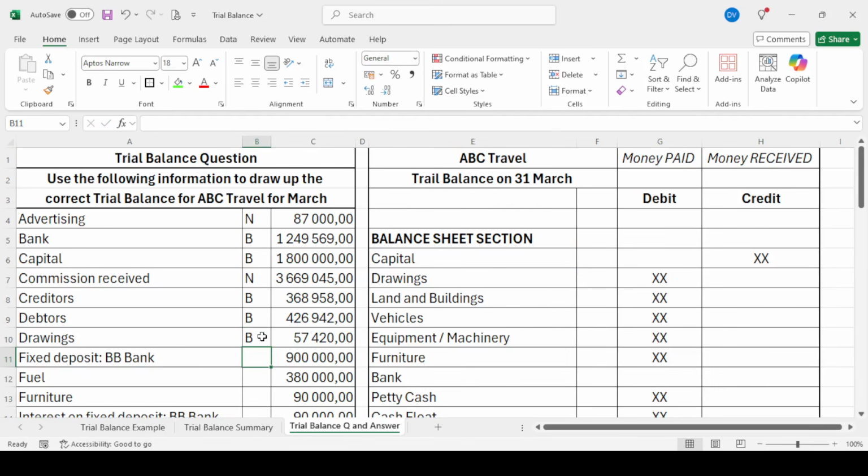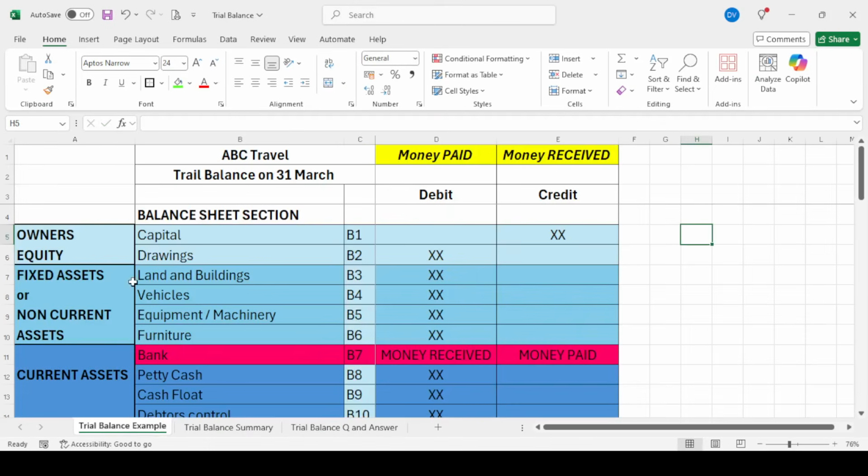A fixed deposit, remember that's part of an investment. So that falls under your balance sheet section. Fuel is an expense, something that you had to pay, goes under nominal. Furniture goes under our balance sheet section. I'll show you. Furniture was here, it's part of your fixed assets, something that is the same today and tomorrow.